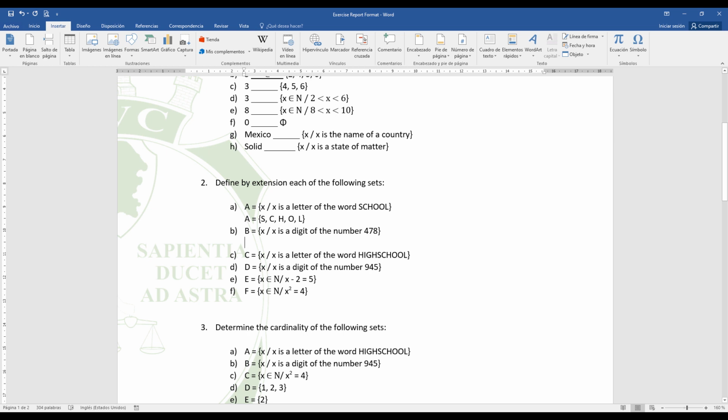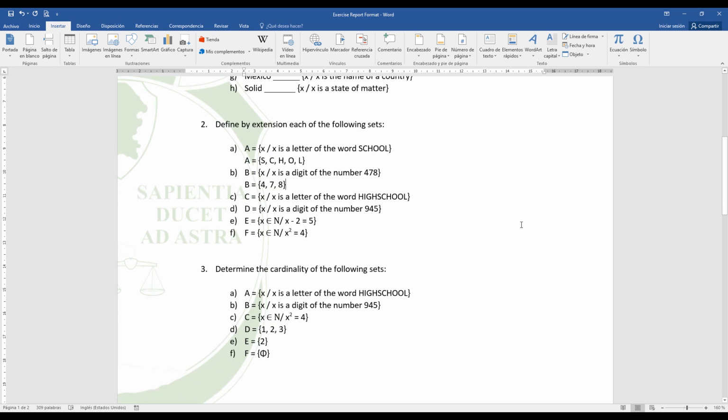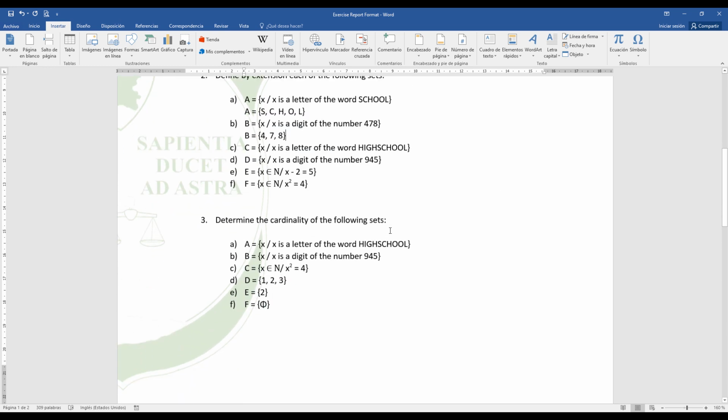Now the second one, B equals, x is a digit of the number, so 4, 7, and 8. So you need to answer the others.